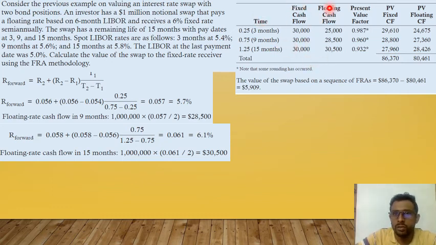Take the fixed cash flows, find the floating cash flows using this formula, discount using the present value factors of our interest rates, and find the present value of the cash flows. The value of the swap would be the present value of fixed rate cash flows minus the present value of floating rate cash flows, which is pretty straightforward.